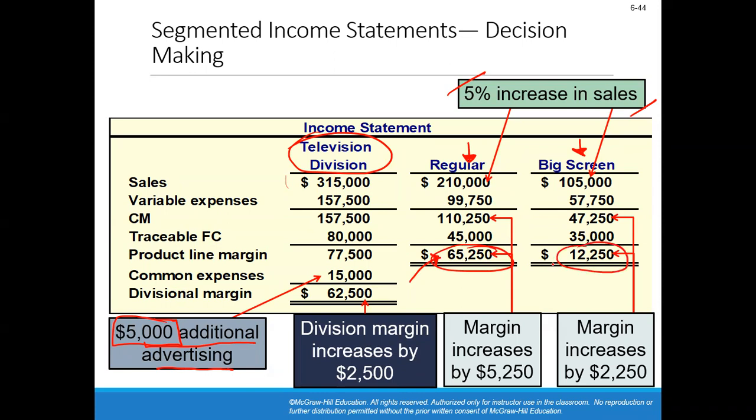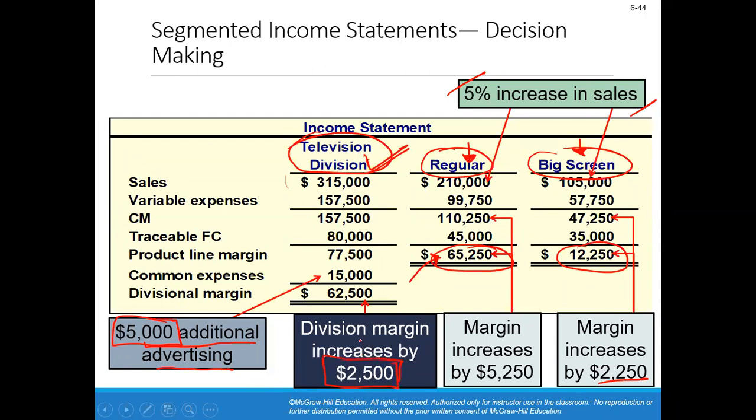But we see that in terms of the number compared to the base scenario, the margin for regular TV increased by 5,250, but for the big screen TV, it has increased by less than half of the regular TV. You see that number is 2,250. So overall, the television division has been able to increase the margin by 2,500 overall.